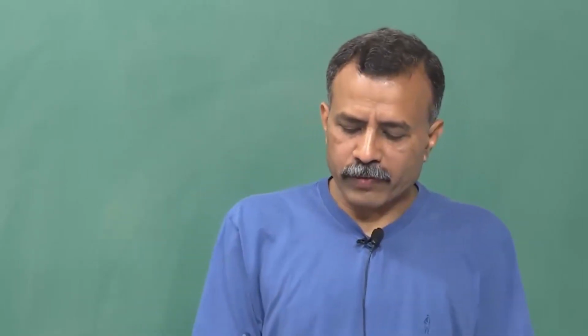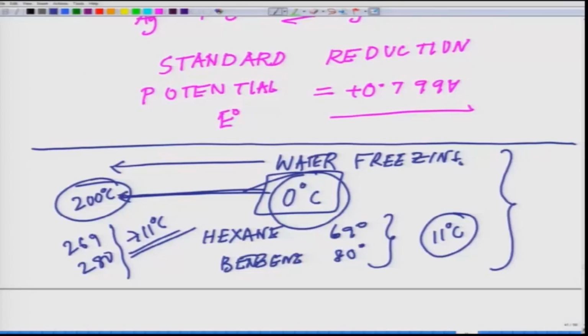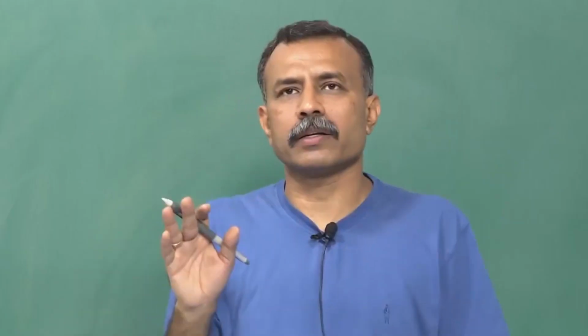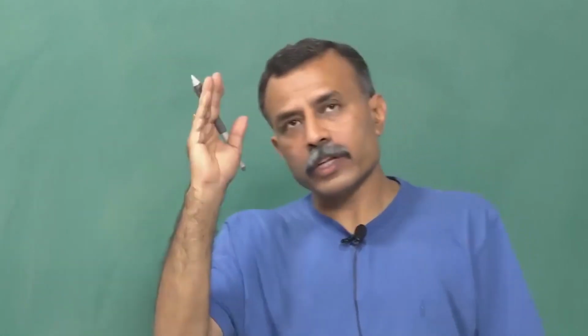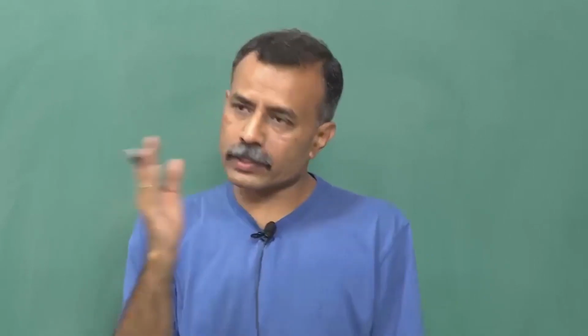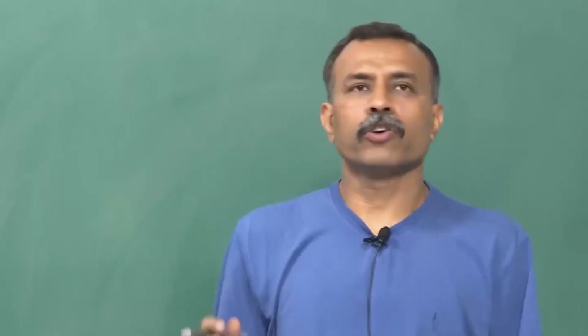It's something like, say for example, I say 0 degree. So I set the freezing at say 200 degree or something, it doesn't matter. So I can change the reference with respect to one standard reference, and as long as the deviations from the reference are the same, I do not have to worry.